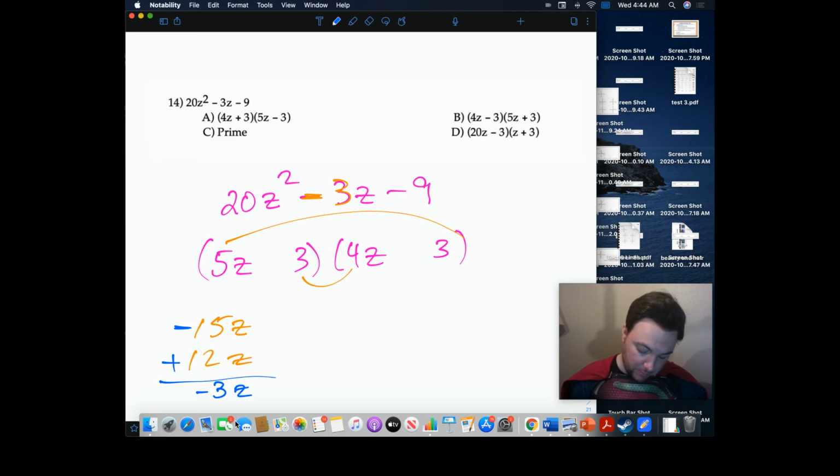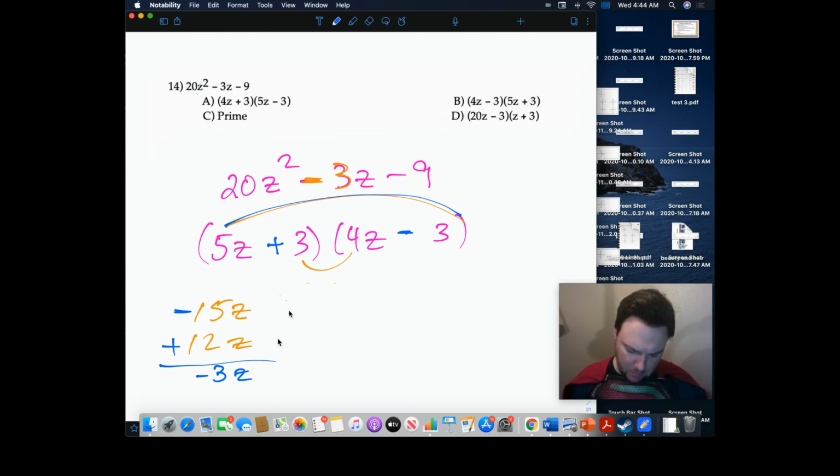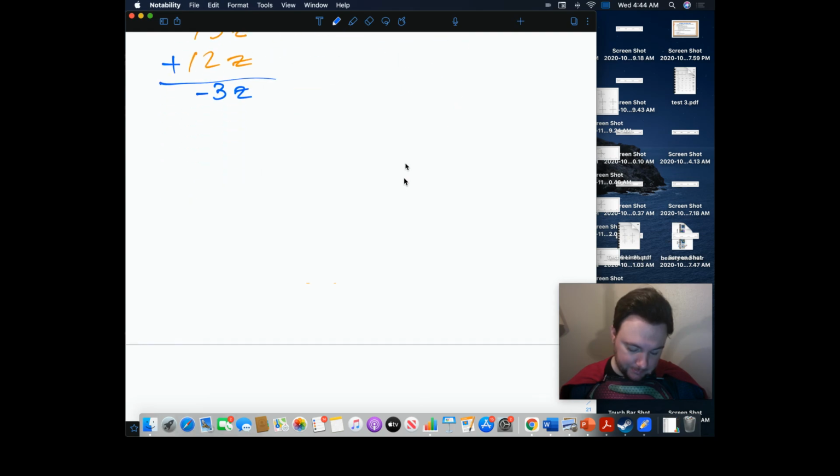So we want the 15 to be negative, so this 5 times 3 needs to be 5 times -3, and the 12 can be 3 times 4. And there we go. That would be 5z plus 3, 4z minus 3. That's this one. I like to put the biggest first number first, and they have a different system, I don't know. Let's keep going.